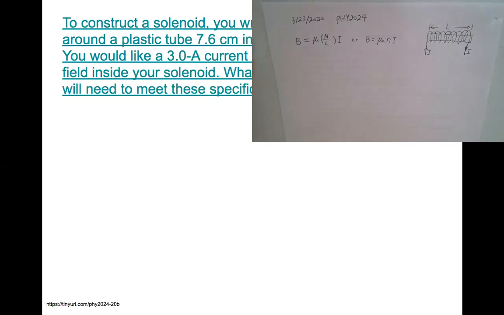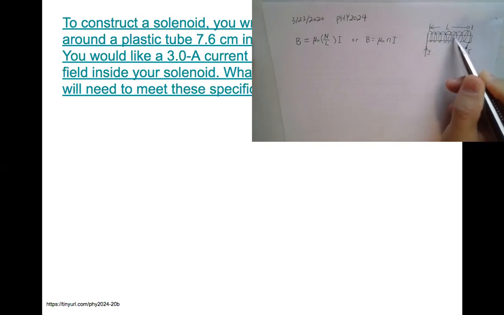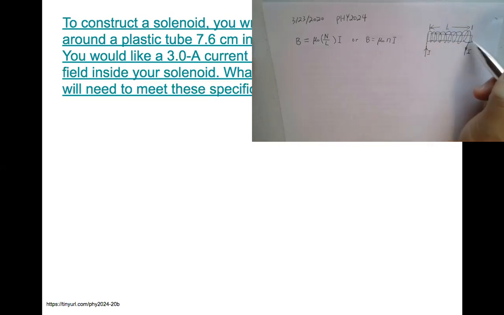It's asking you for the total length of the wire. So the total length of the wire will be measured from this end through each of the coils. It's not going to be the length of the solenoid, because each turn wraps around, so it will be 2 pi times r times the n turns you have.